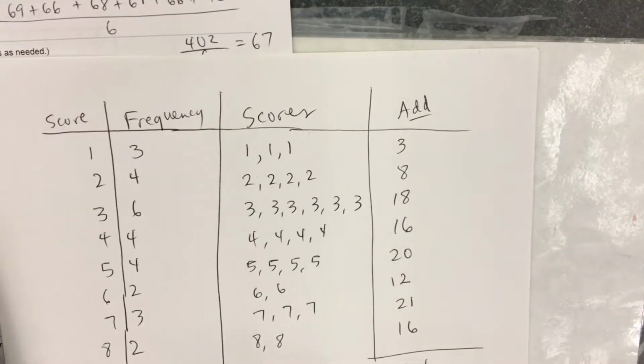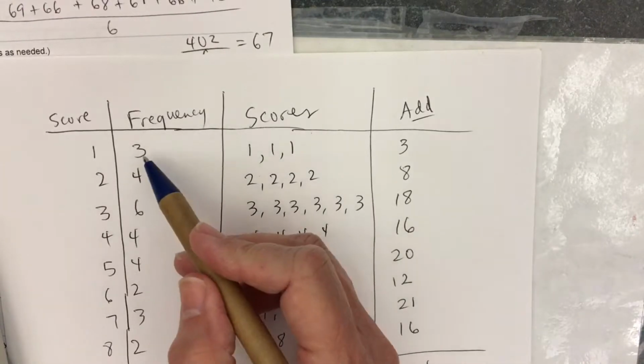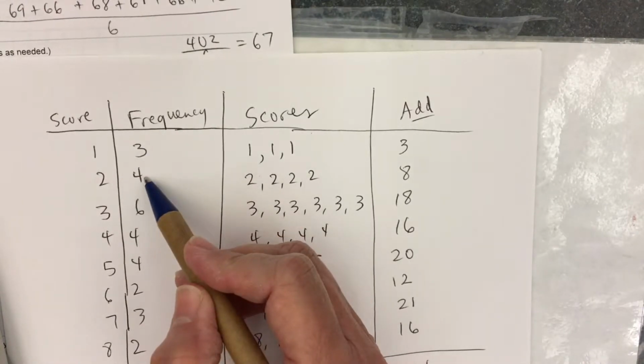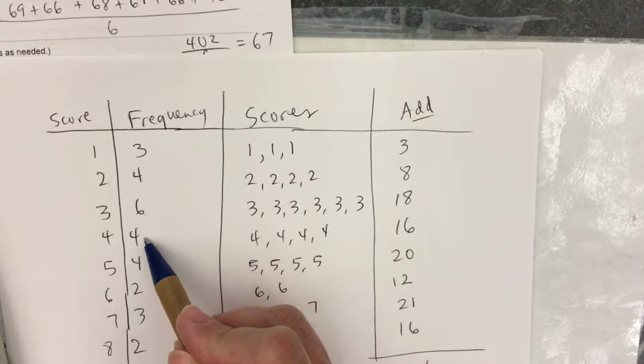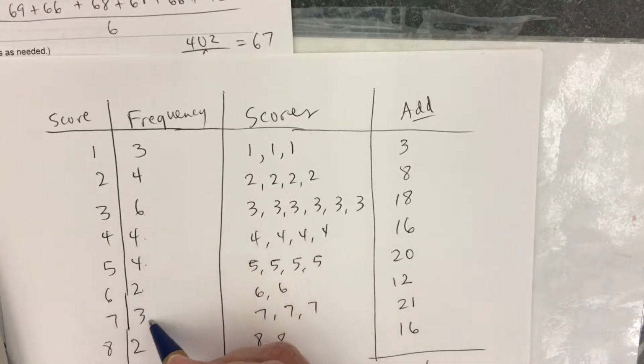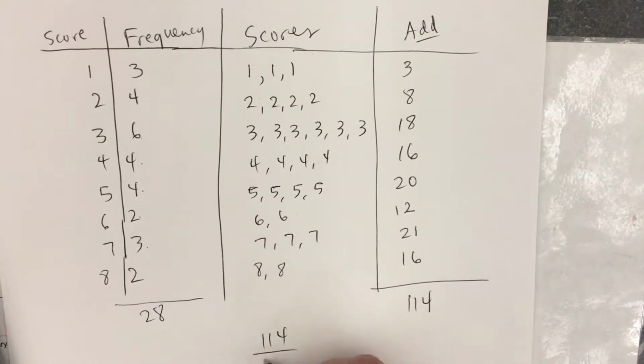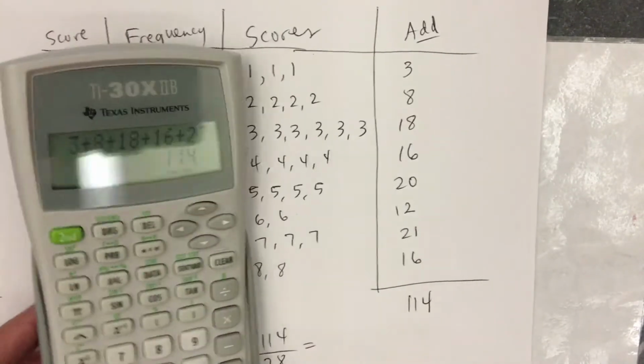How many scores were there? I have to add the frequency to get the total number of scores. 3 plus 4 is 7, 13, 17, 21, 23, 26, 28 scores. So the mean is 114 divided by 28.